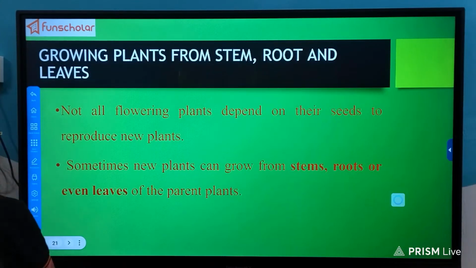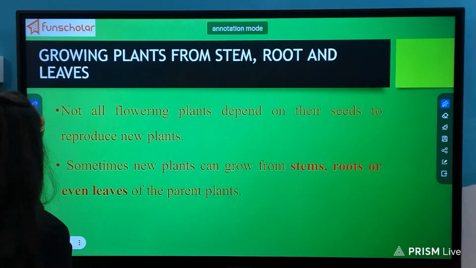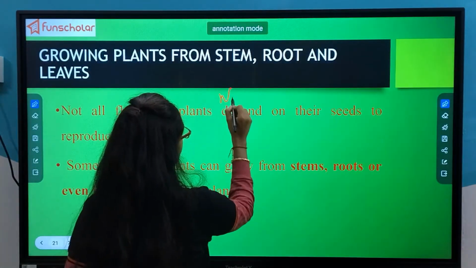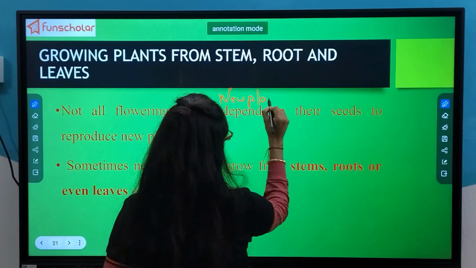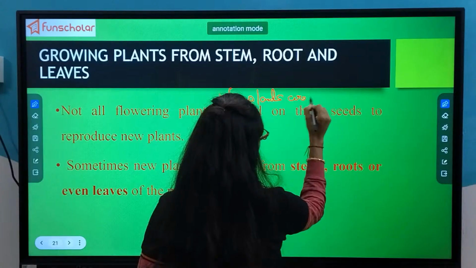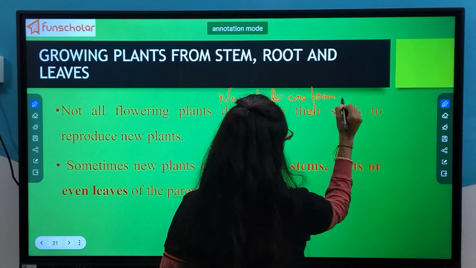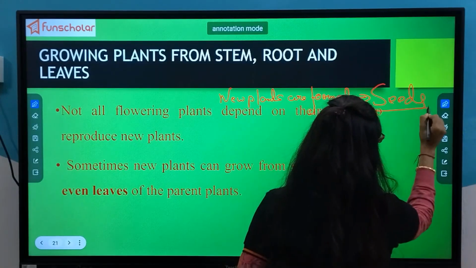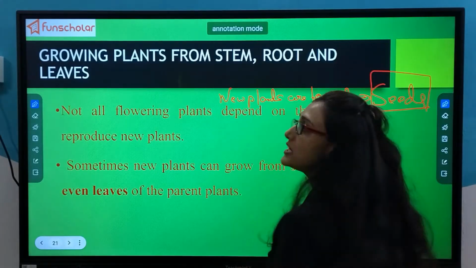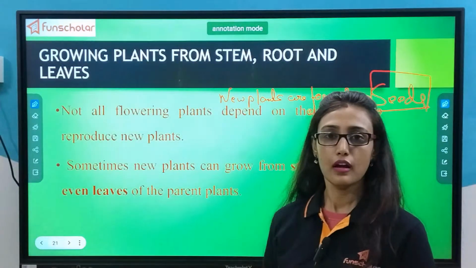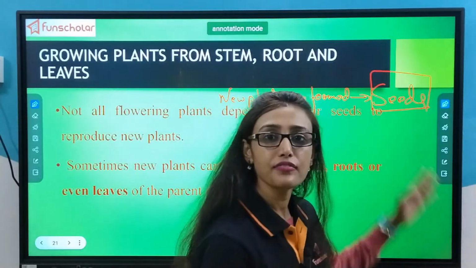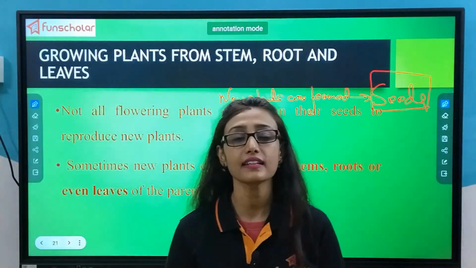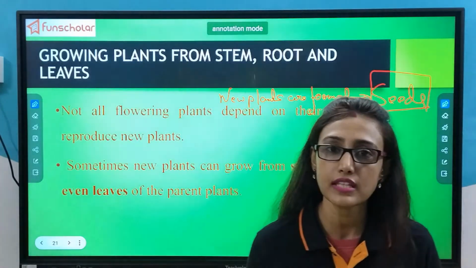Okay. Now an interesting fact. Just now you have learned that new plants are formed from seeds. So seeds are the part of plant which forms new plant. But do you know that apart from seeds, there are also other parts of the plant that can reproduce and produce new plants?